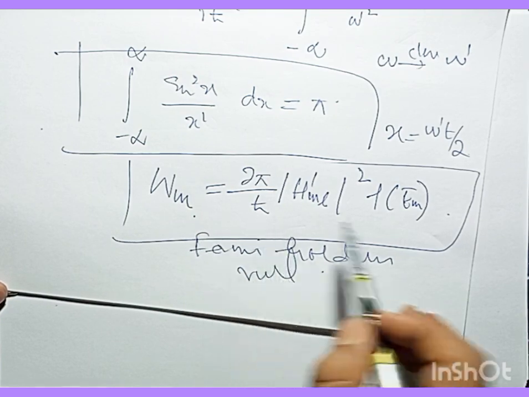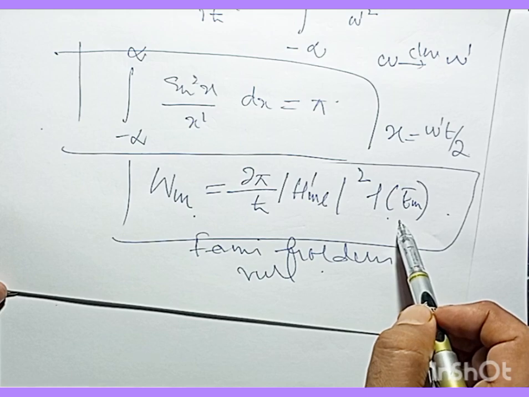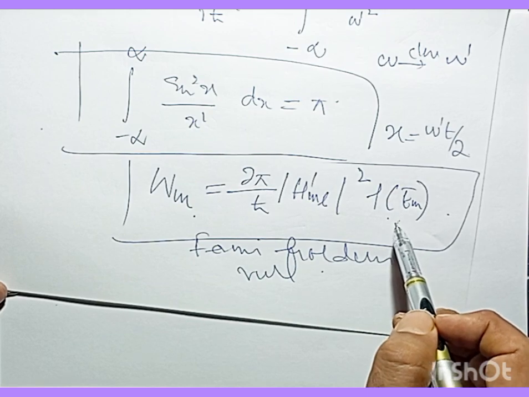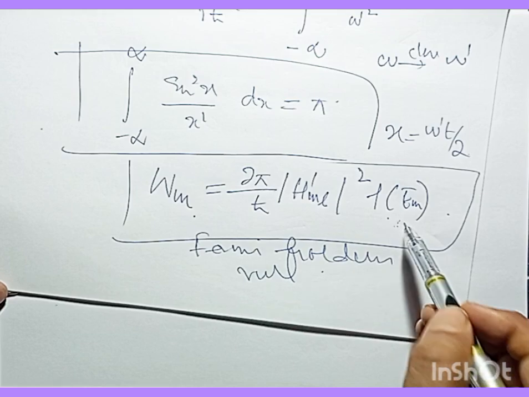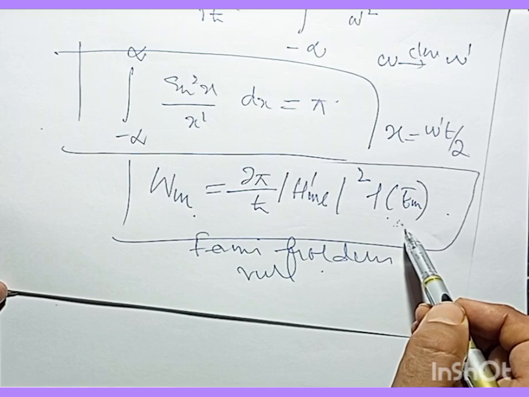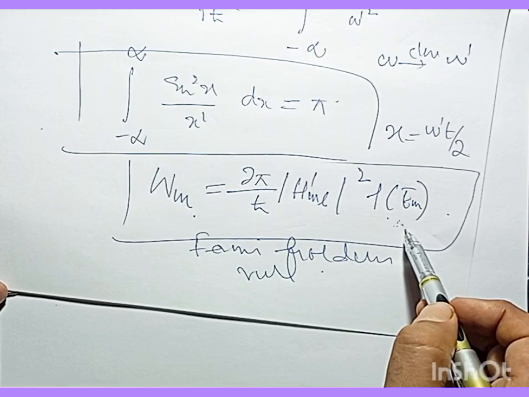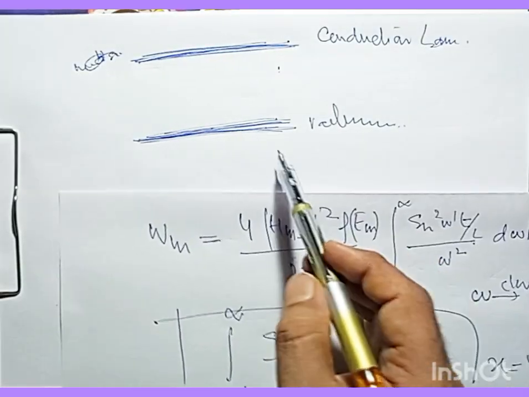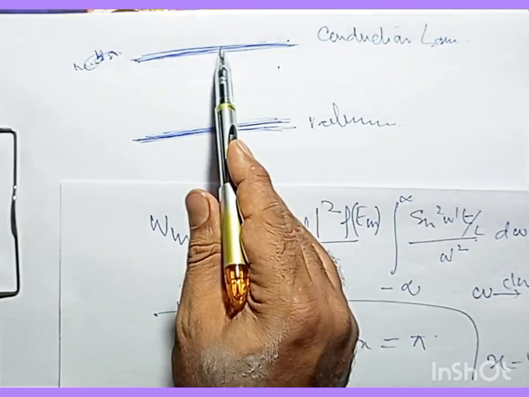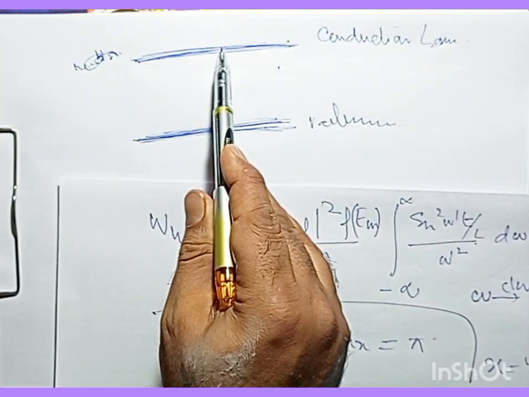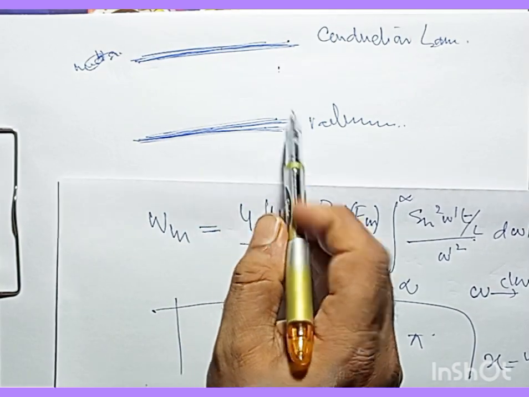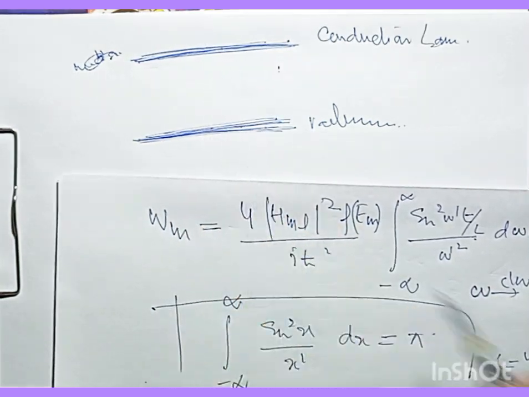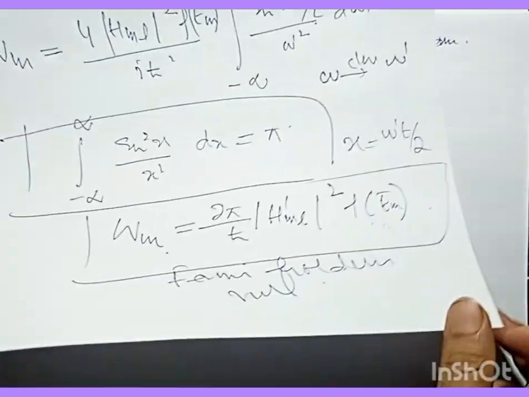Only in this case, rho Em is interpreted as the density of initial states. In the previous case, it was referred to as the density of final states. So a transition from discrete to continuous state involves the density of final states, and the reverse, from continuum to discrete, involves the density of initial states.